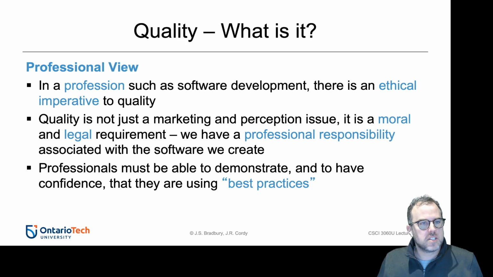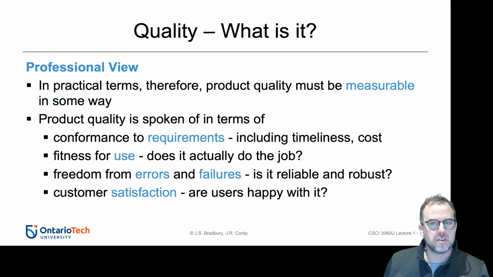And in terms of this professional view, in practical terms, the other thing you want to think about is how do you measure quality, right? So you could think about things, and this is getting back to what we talked about between Android and Apple, whether an iPhone is of higher quality, right? And those are things like conformance to requirements, right?